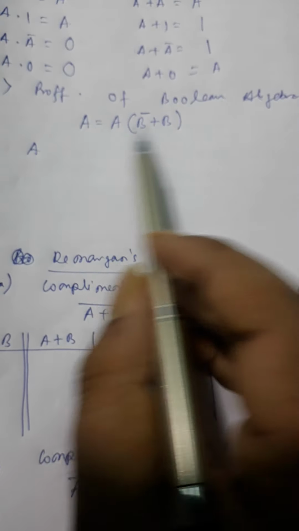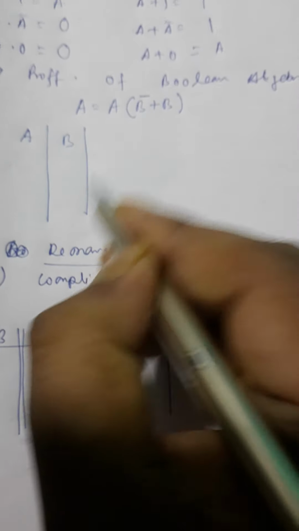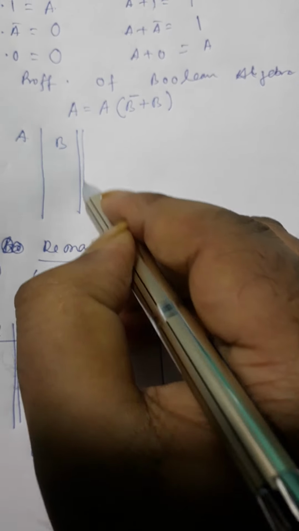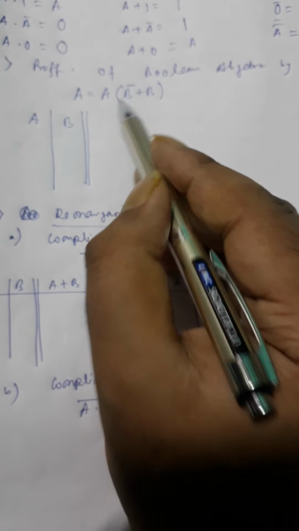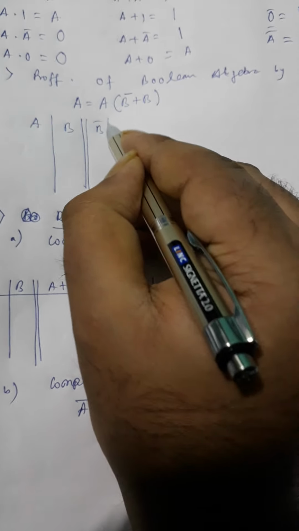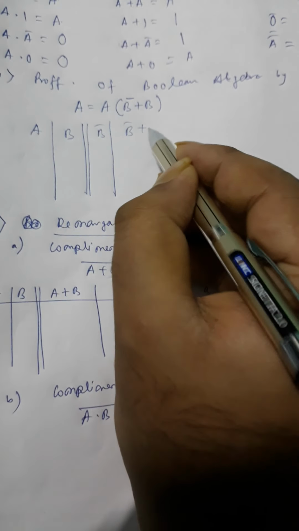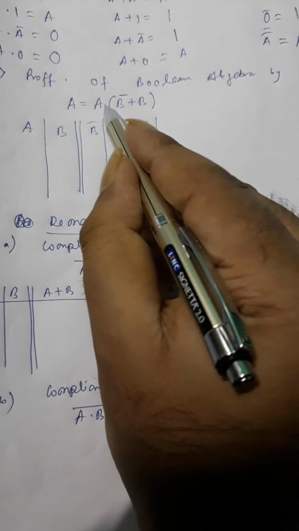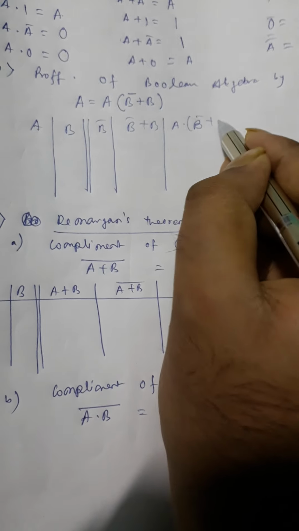So let us take A, because A is one variable, and let us take B, because B is the other variable here. What do we require to prove this? A is in this part, so this is over. And what about this part? In this part we need B bar, so let us construct B bar. We also need B bar plus B, and A dot B bar plus B.